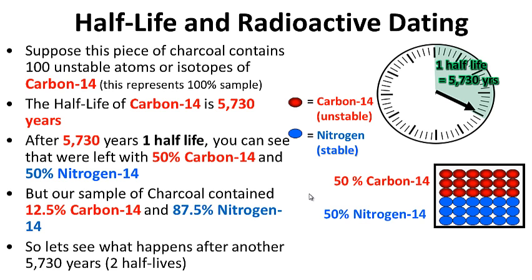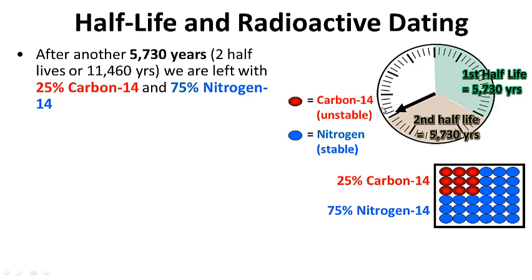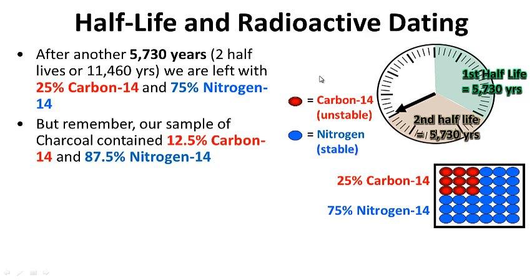Let's see what happens after another half-life, 2 half-lives, or another 5,730 years. After 2 half-lives, we're left with 25% carbon-14 and 75% nitrogen-14. But remember, once again, our sample of charcoal contained 12.5% carbon-14 and 87.5% nitrogen-14.